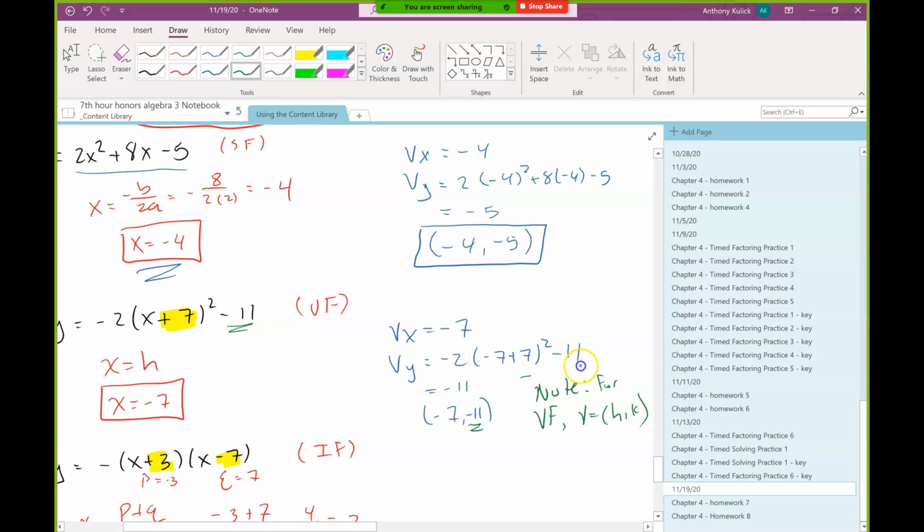For vertex form situations, you can find the vertex just on sight. It's always going to be h comma k. Now you could do what we did there, it's not incorrect, but that's a nice little shortcut: you can avoid having to plug the Vx back in. You can just pull Vy from the k value.